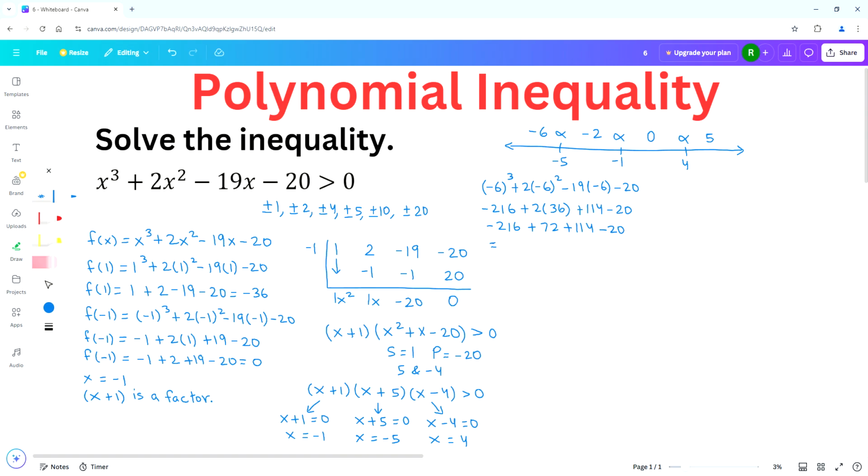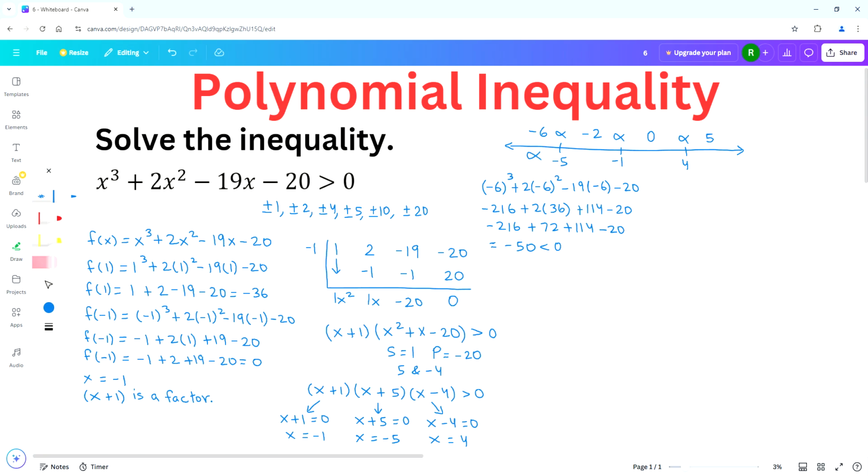I get negative 50, which is less than 0. We have to find the x values for which the cubic polynomial is greater than 0. That means the interval on the left side of negative 5 does not work for the given inequality.